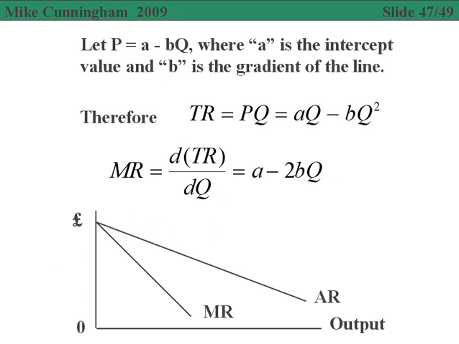What have we got then? Our average revenue curve is downward sloping. It's a straight line.